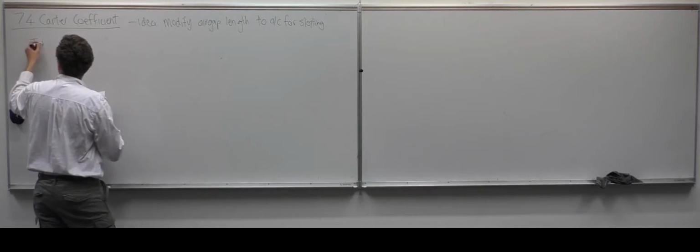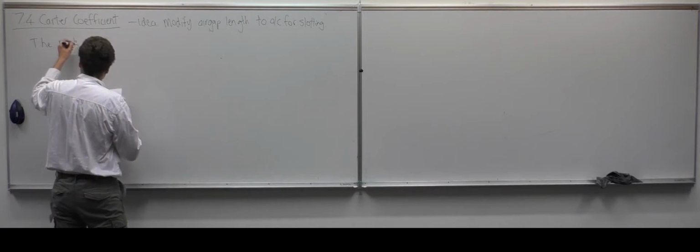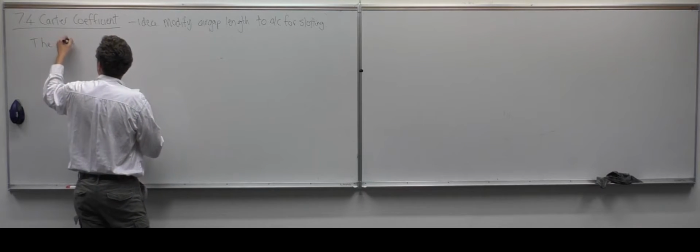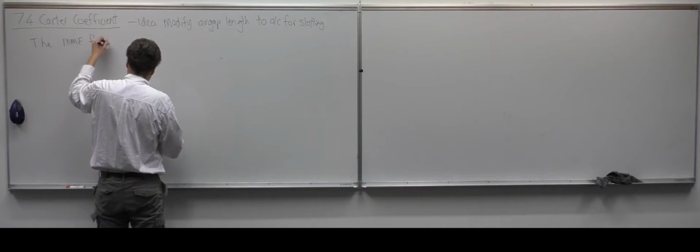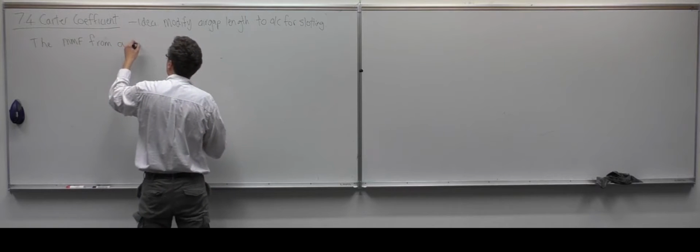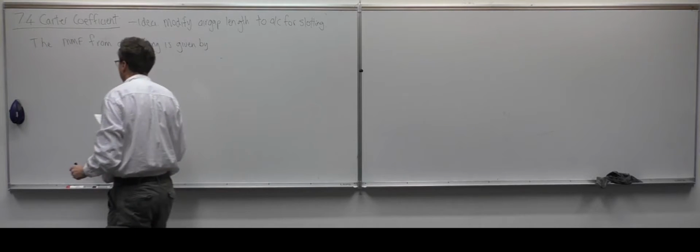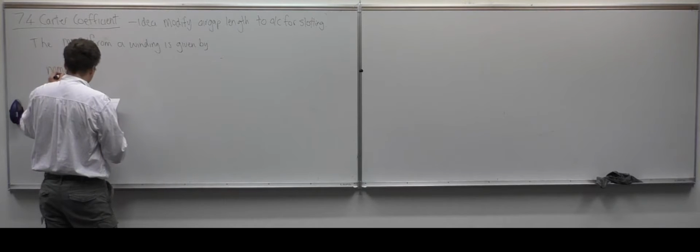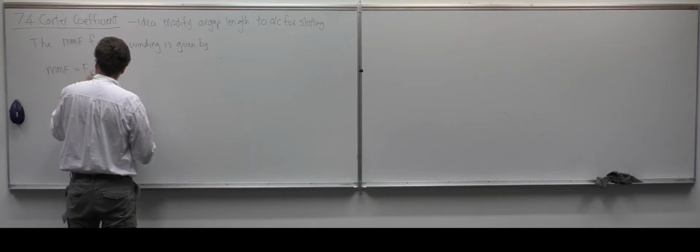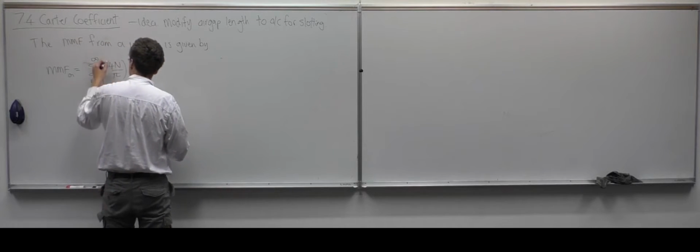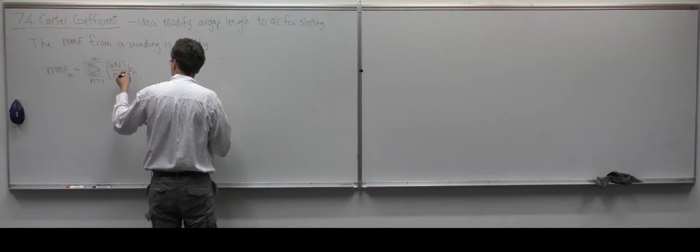So the peak MMF from a winding is given by MMF is equal to the summation of the harmonics times this factor here that includes distribution and pitch factor and so on.